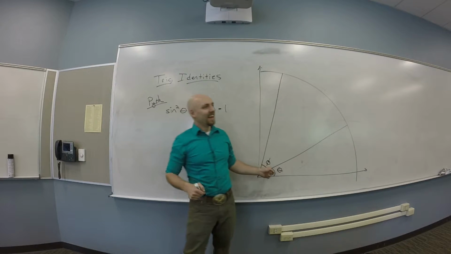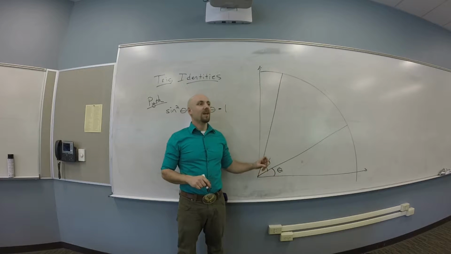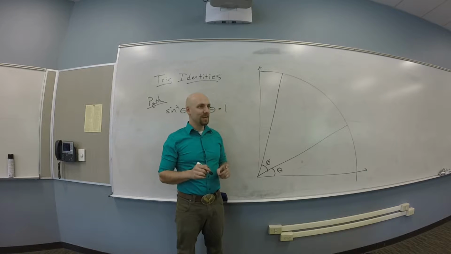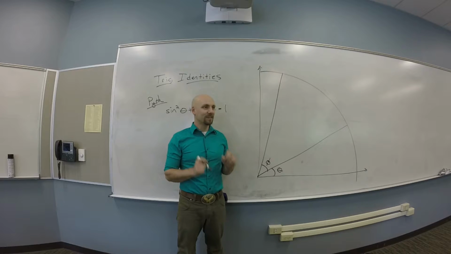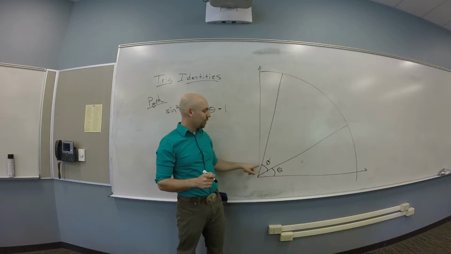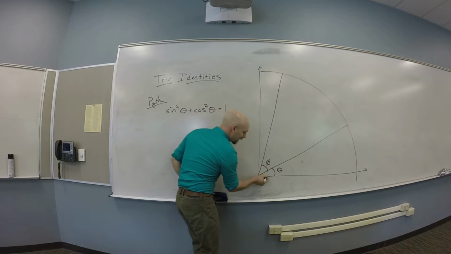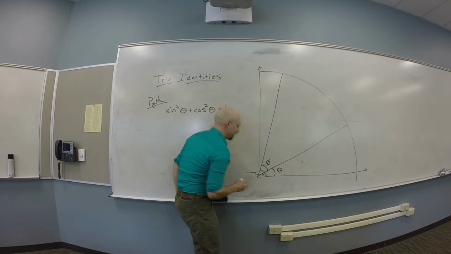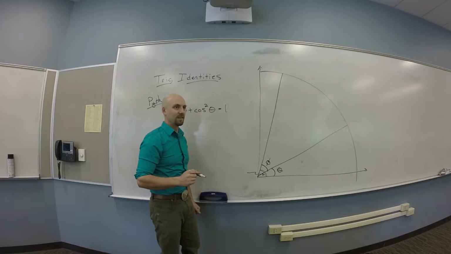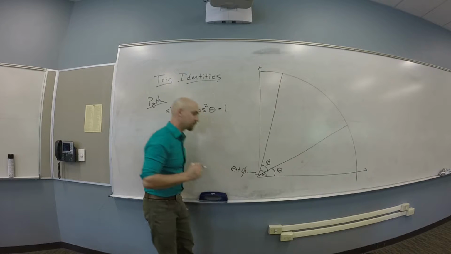Okay. Anyway, point is, I have 2 angles, theta and phi, right? And what my interest is going to be is in developing formulas for sine and cosine of the sum of the 2. You guys see that? So this whole angle here is theta plus phi, right?